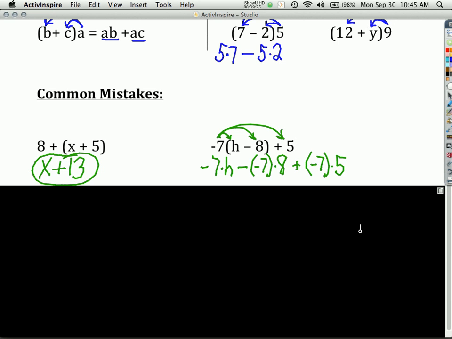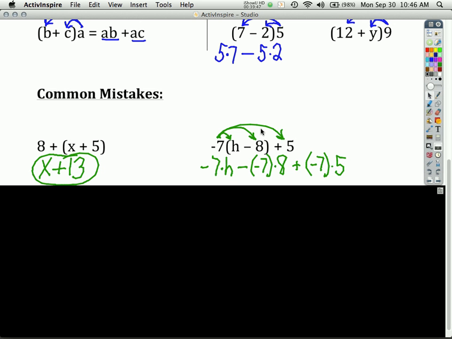The plus 5 is not in parentheses, so you don't times it by negative 7. Wow, that was a phenomenal, extremely high-level explanation that he just gave. The plus 5 is not inside the parentheses, so the plus 5 is not part of the distributive property. Now, this is distributive property, but I just went too far.